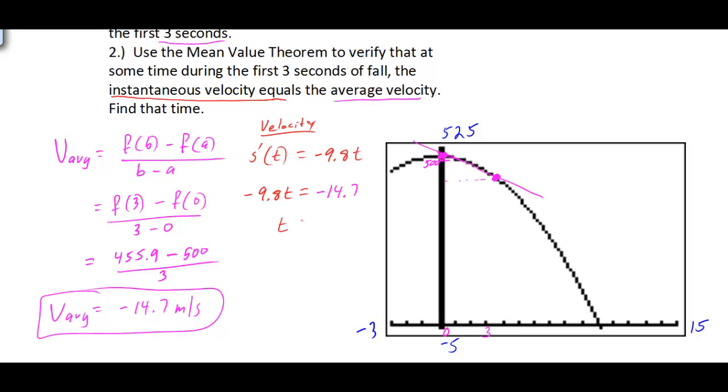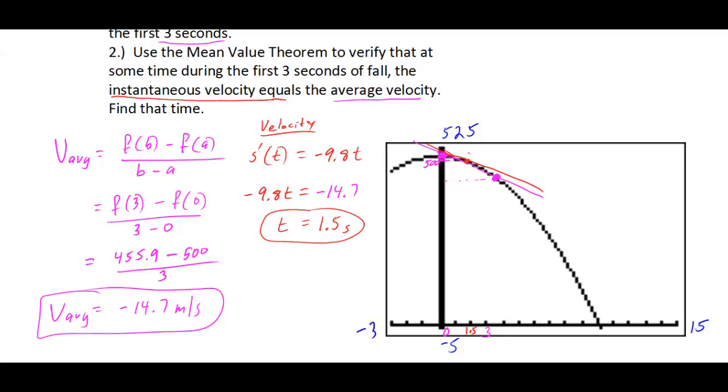And if we solve for t, negative 14.7 divided by 9.8, we end up with 1.5 seconds. So right here at 1.5 seconds, the instantaneous velocity is a negative 14.7 meters per second.